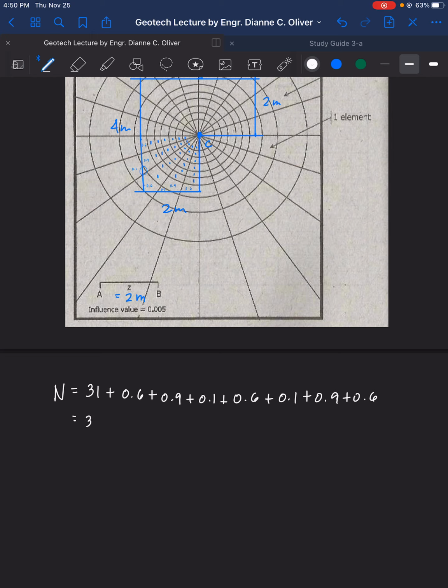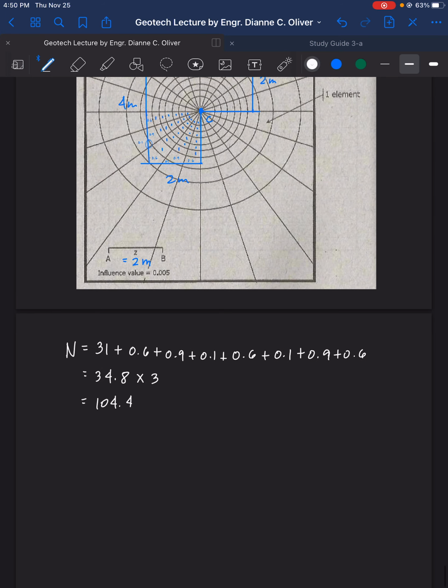So that is equal to 34.8 times 3. So this is 104.4 number of elements. Then the formula for delta P is equal to I times Q times N.